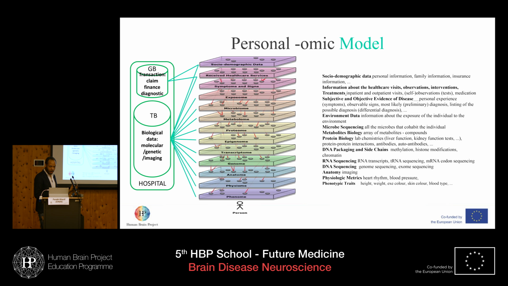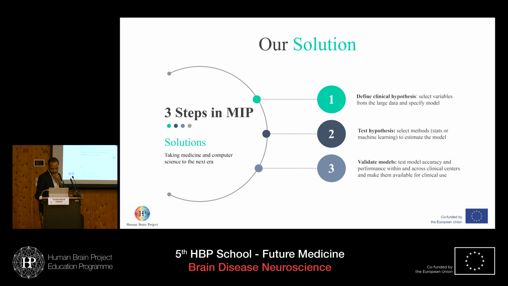So what we try to build here is a sort of personal omic model, what's called a panomic model, and we try to get this data and really harmonize it at different levels to represent the phenome, the physiome, anatomy, genes, etc. And this allows us to compare this data from place to place.